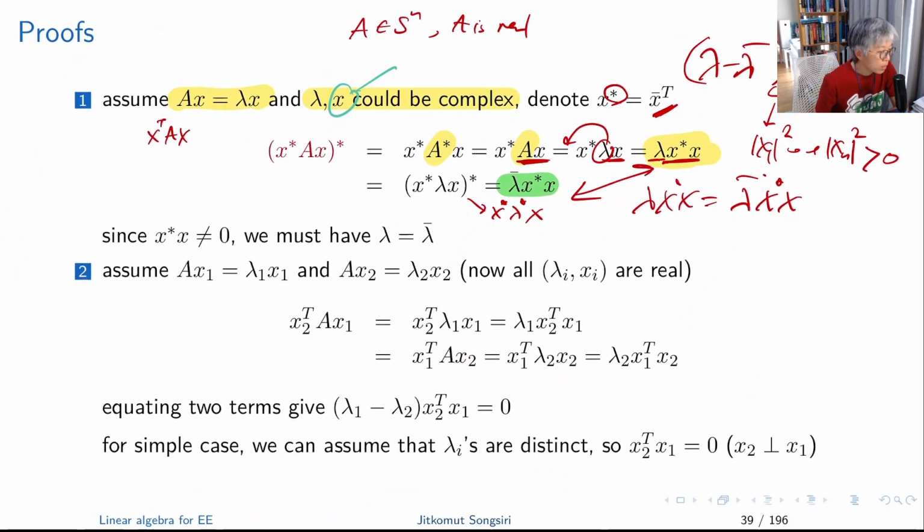Second of all, the eigenvectors that correspond to distinct eigenvalues are orthogonal. So I'm going to start with lambda 1 and lambda 2. These are distinct. Now I can assume that my lambda and my x are real because I already proved the first one. Okay. What I'm going to show is to perform the quadratic product, but using the cross term.